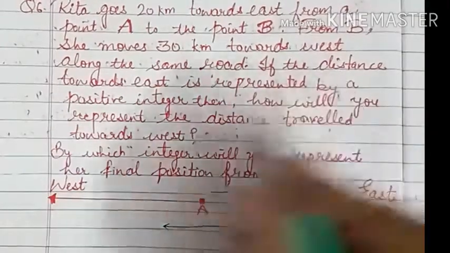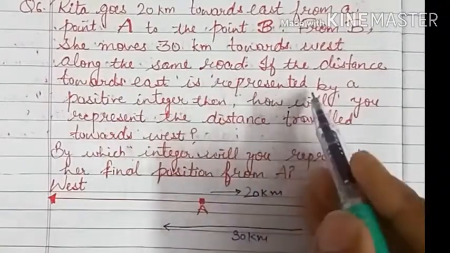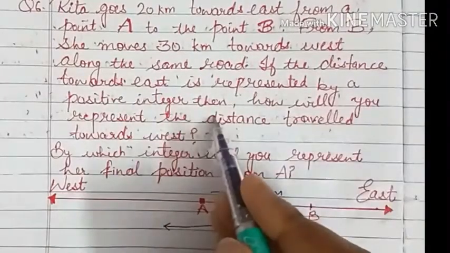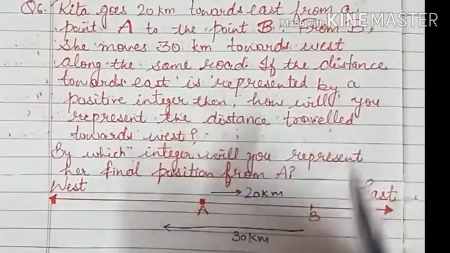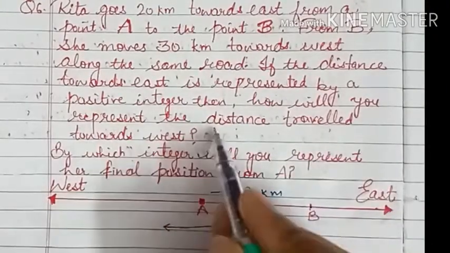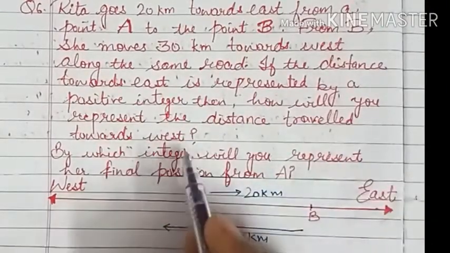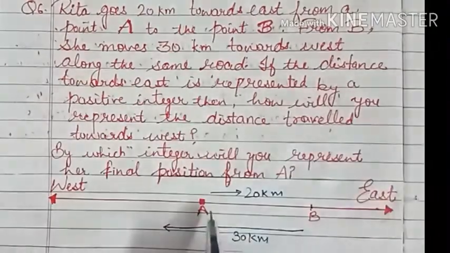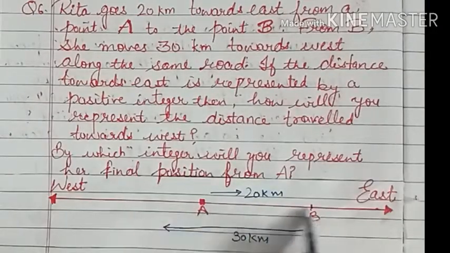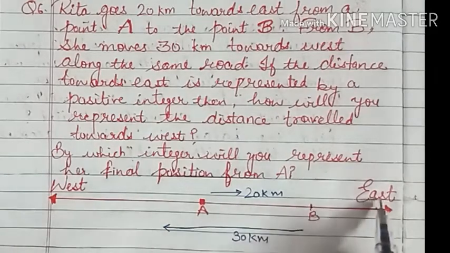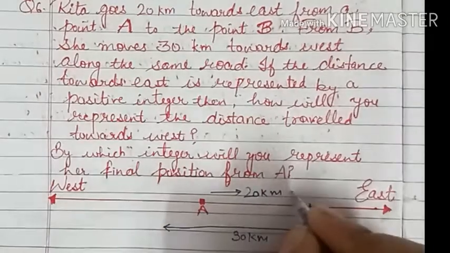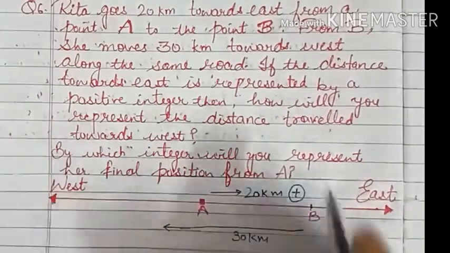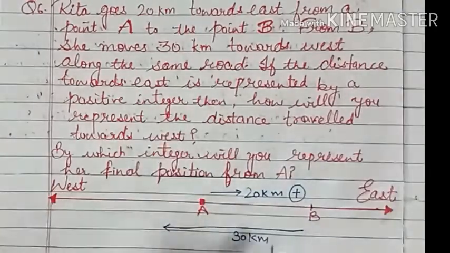If the distance towards east is represented by a positive integer, then how will you represent the distance traveled towards west direction? So they are saying that if we are representing the distance traveled towards east direction by a positive integer, then how will you represent the distance traveled towards the west direction?